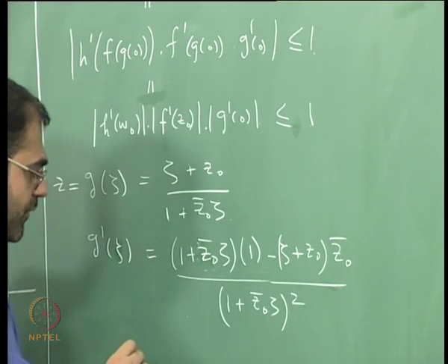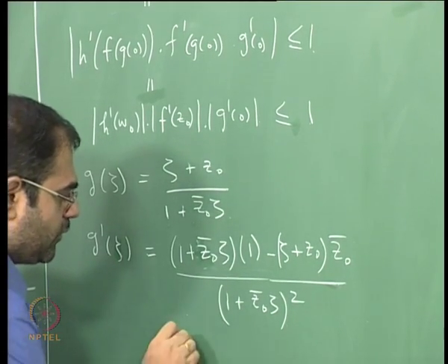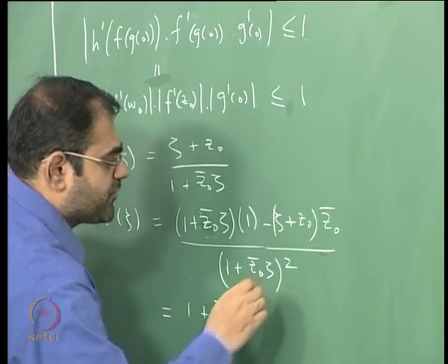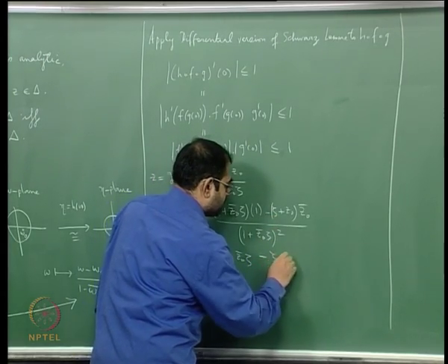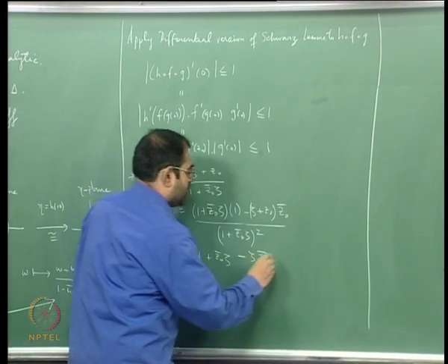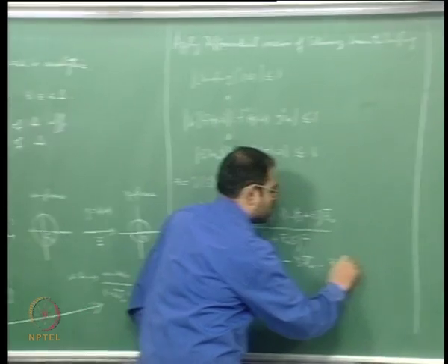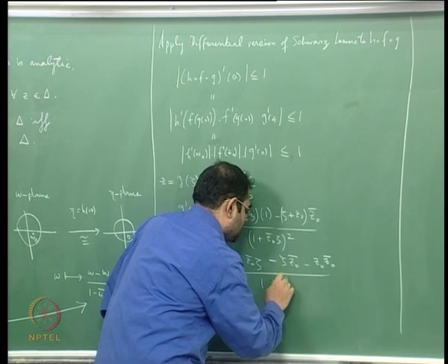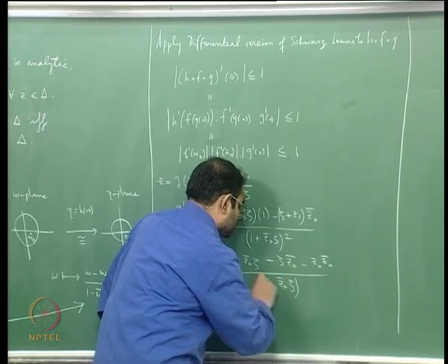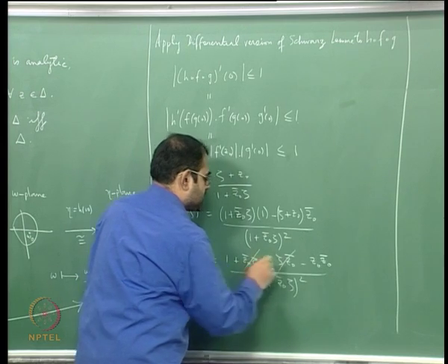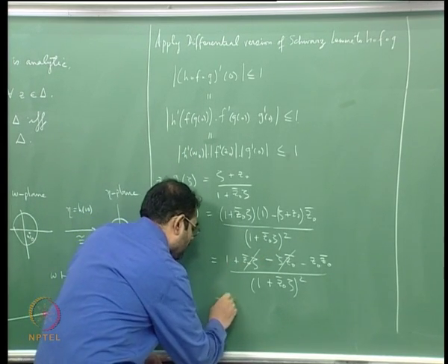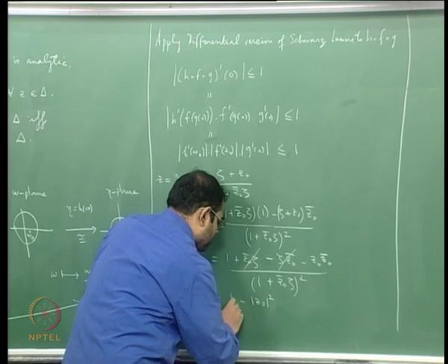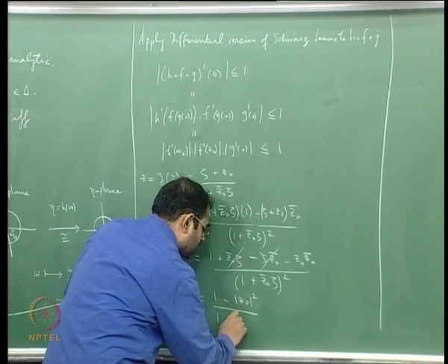So what I get is 1 plus z0 bar zeta minus zeta z0 bar minus z0 bar, all right, divided by (1 plus z0 bar zeta) the whole squared, and of course these two cancel out. So I get (1 minus mod z0 the whole squared) by (1 plus z0 bar zeta) the whole squared.